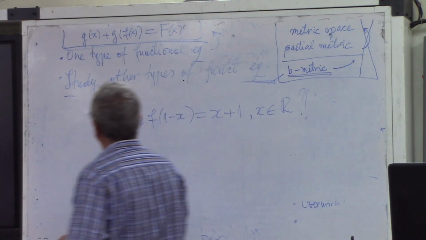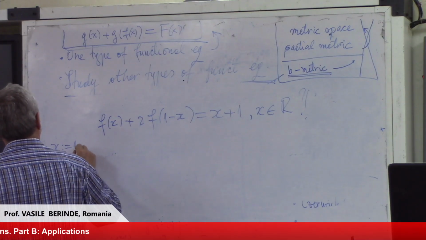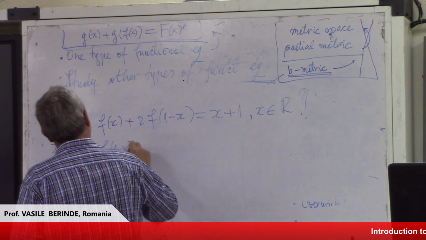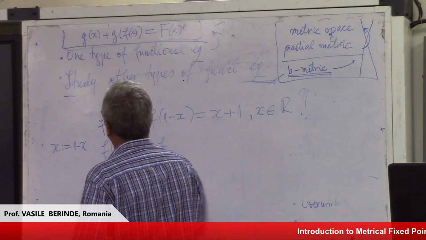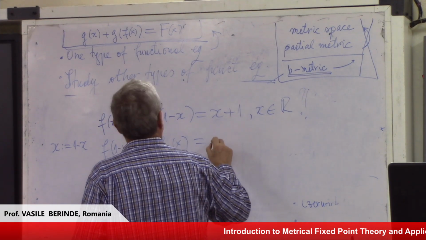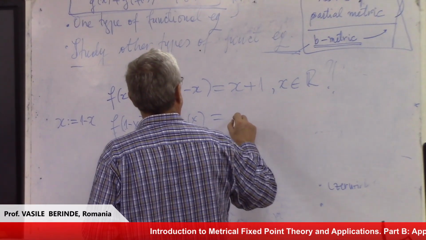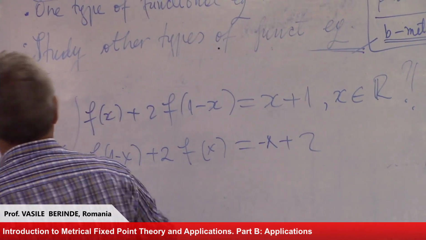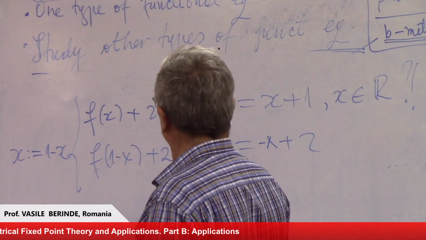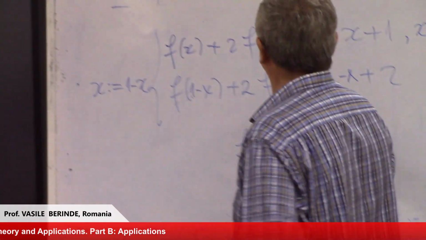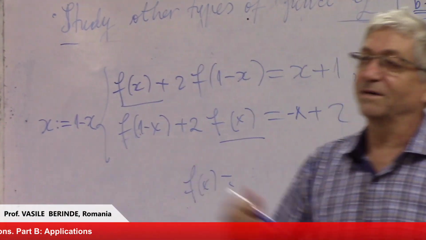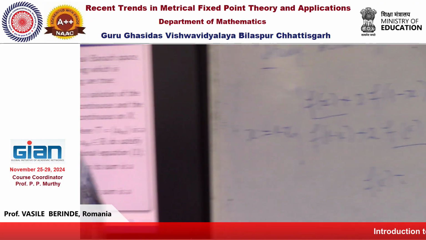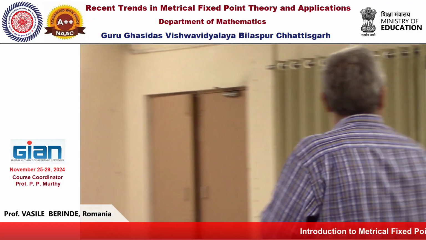It is very easy. We just change x to be 1 minus x, and this will be f(1 minus x), and we have x minus x plus 2. And we can see, we can solve this system. It's a system. And we can find f(x) directly if we solve with respect to this unknown. This is a very nice elementary problem.